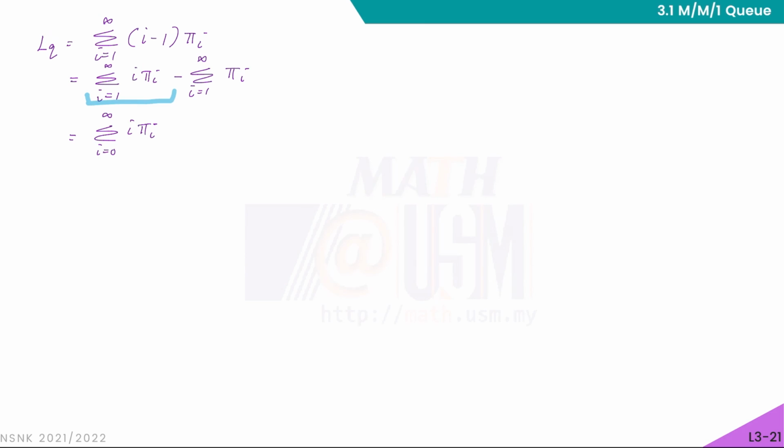So it is basically the same as starting your I at 1. The second term remains the summation from I equals 1 to infinity of pi I.